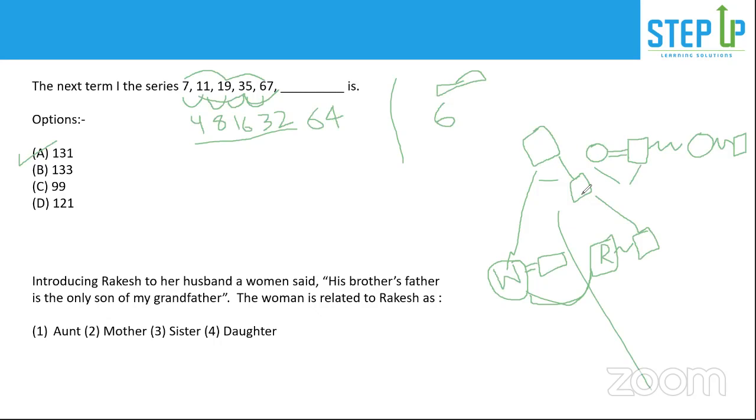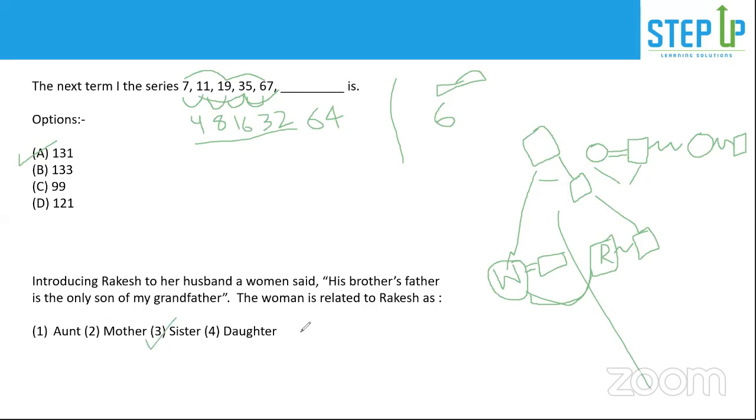So Rakesh's father is the only son of her grandfather. If this is the only son and she's saying this is the grandfather, that means this has to be the parents. So the question is, the woman is related to Rakesh how? She's the sister of this guy. Correct.